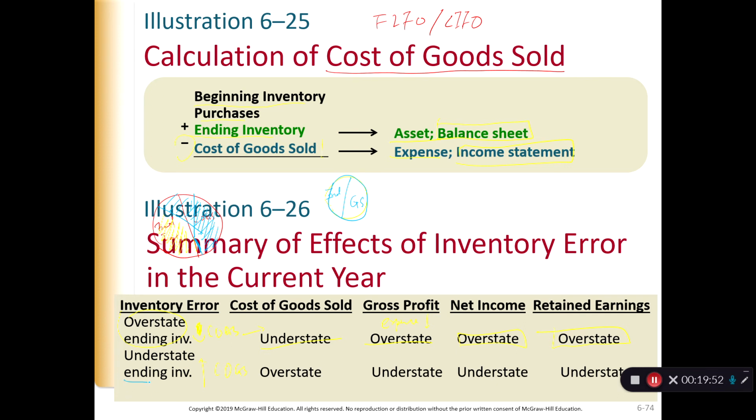In other words, when you underestimate the ending inventory, you are essentially overestimating cost of goods sold. And when you overestimate cost of goods sold, your expenses are very high, so you will understate your gross profit, your net income, and your retained earnings.